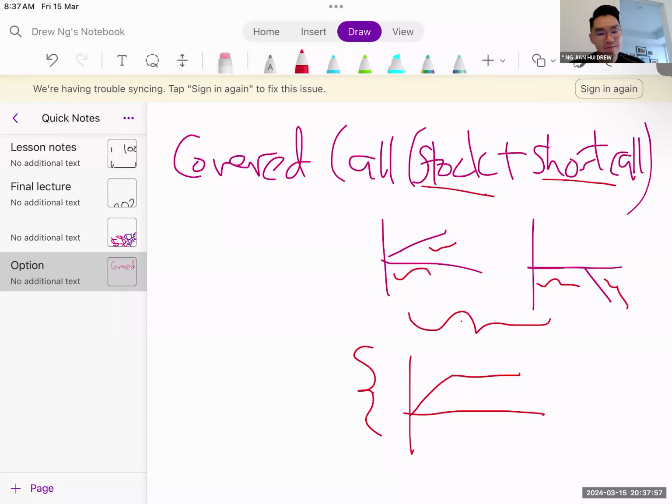Hedging? Okay, but that doesn't really explain what are you trying to hedge? So the question is, why will you do a covered call position?